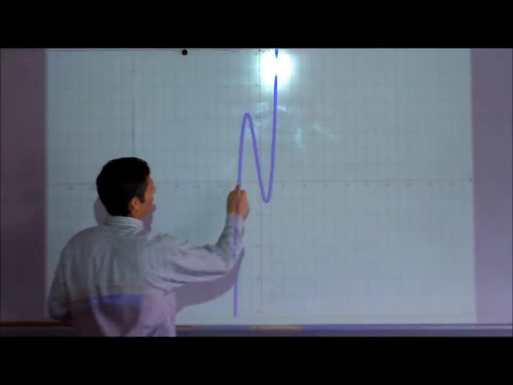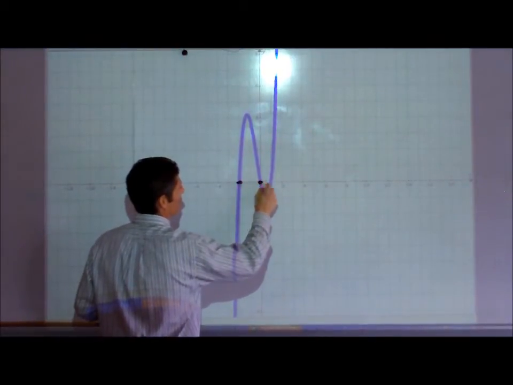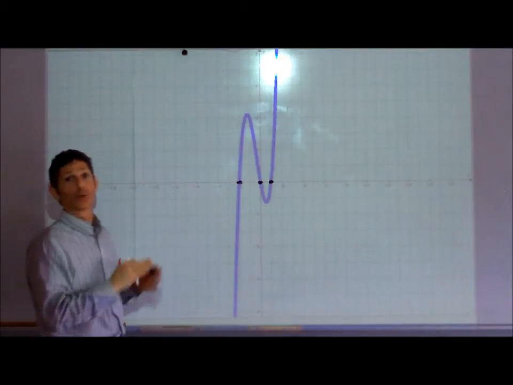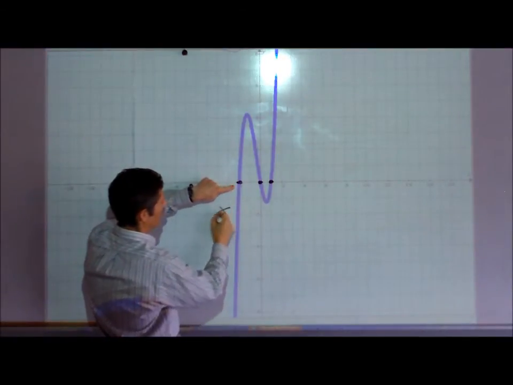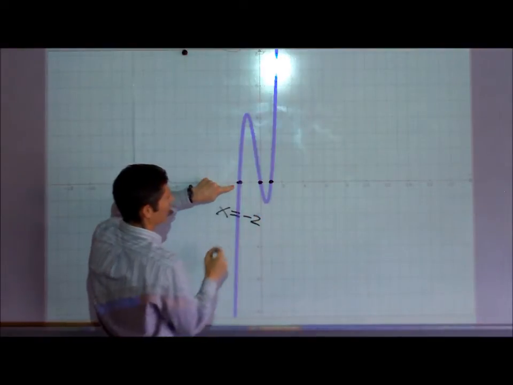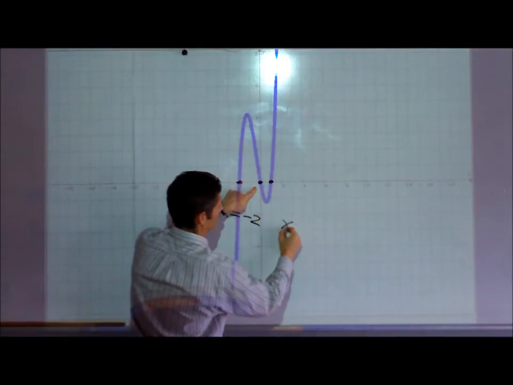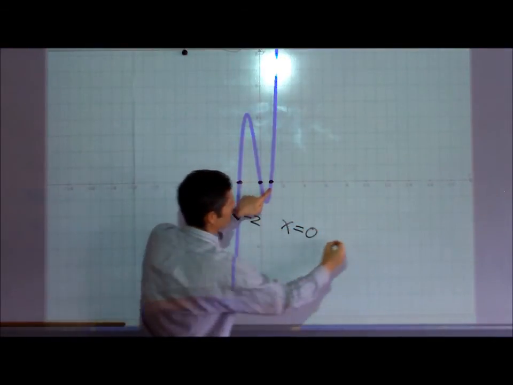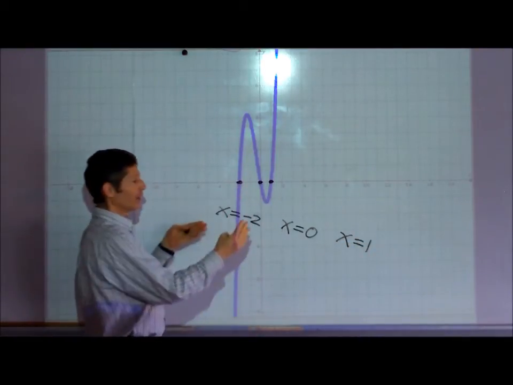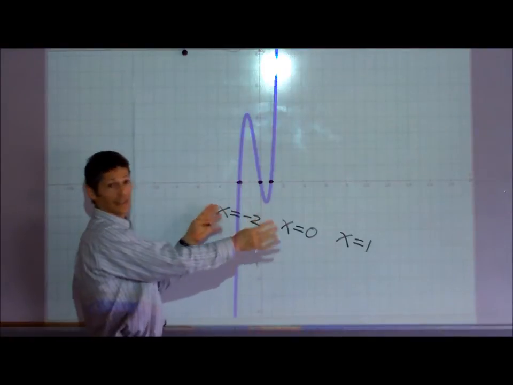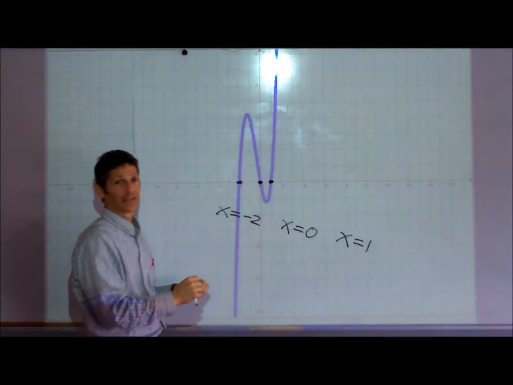No. So, first I'm going to find the zeros. I'm going to find the roots. This one looks like -2, so I have x equals -2. This one looks like 0, and this one is at x equals +1. So those are my zeros. That's where it crosses the x-axis.